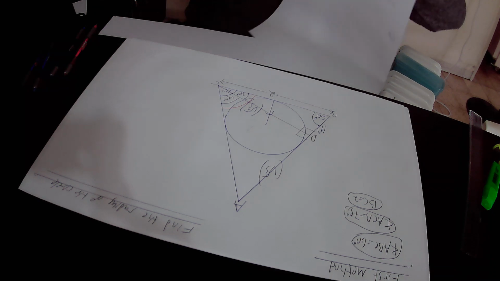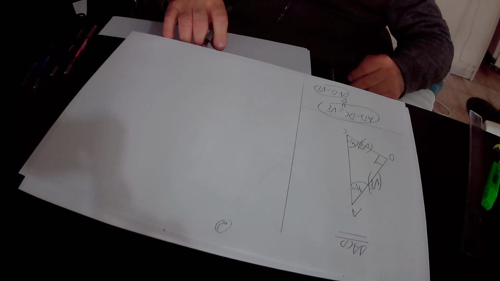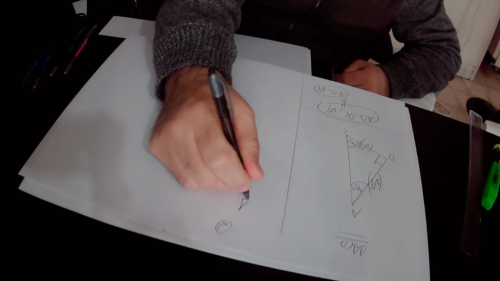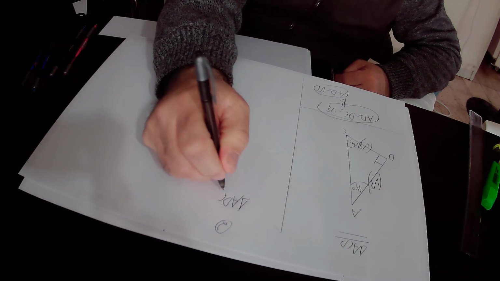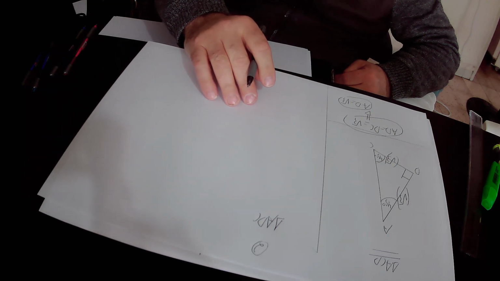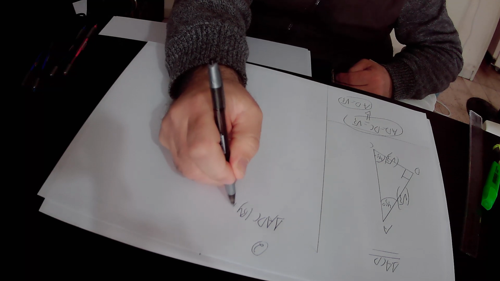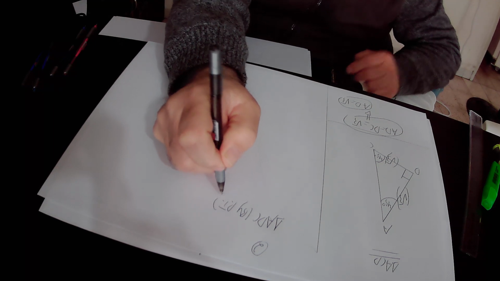We will continue to focus on the right triangle ADC, and we will implement the Pythagoras theorem on this right triangle ADC. Here PT is a version for Pythagoras theorem.